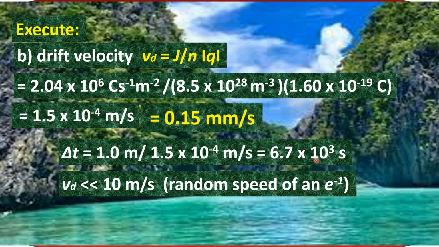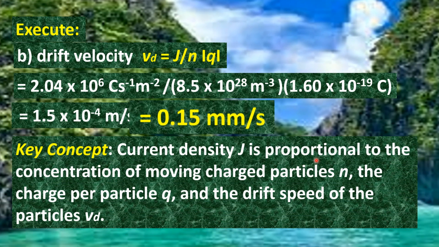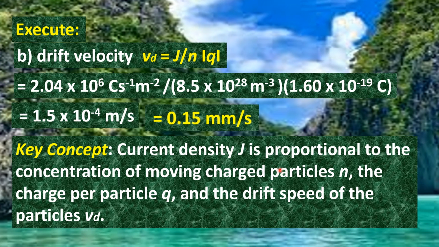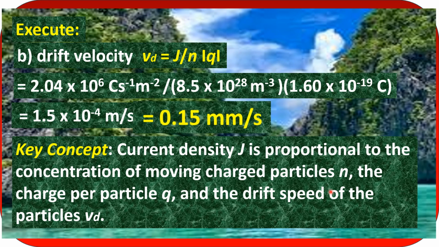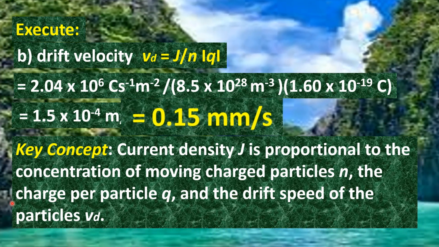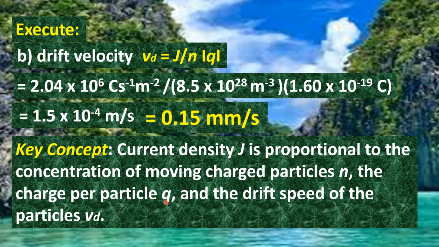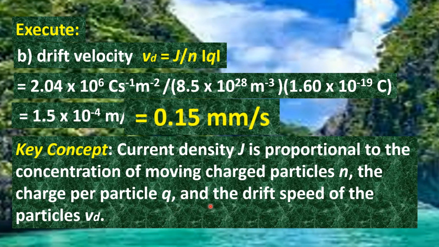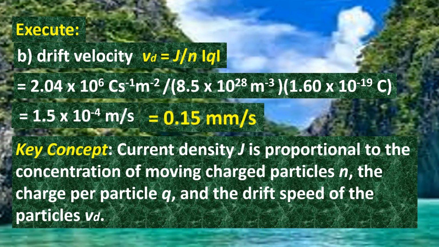So, once again, to emphasize, we say that the current density, capital J, is proportional to the concentration of moving charged particles, denoted by small letter n, proportional also to the charge per particle, q, and proportional to the drift speed of the particles, v sub d.